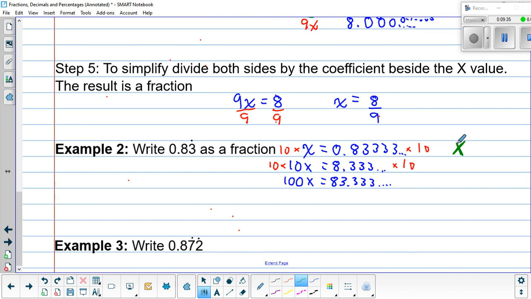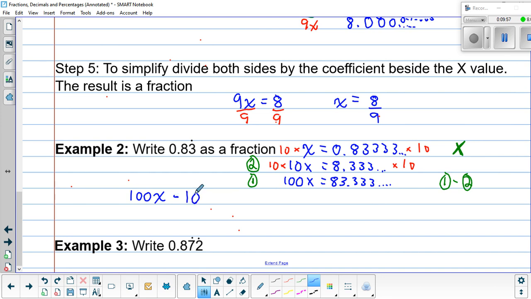Because if we take, say, this, and say that's number 2, we can go 1 minus 2, and we'll find out our answer. So I'm actually going to rewrite that as 100x.